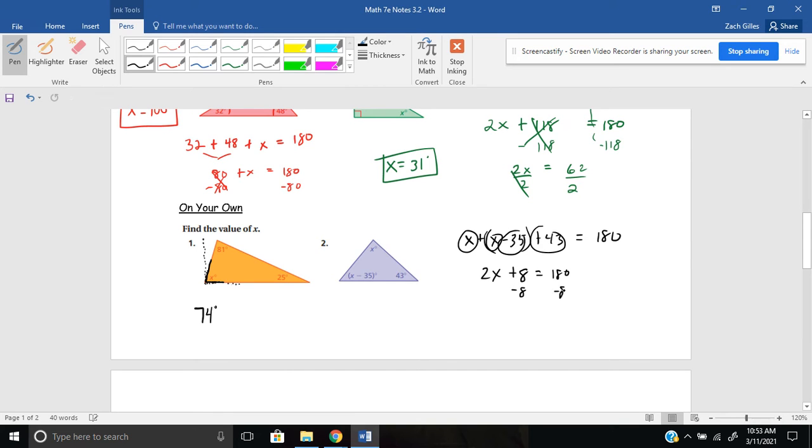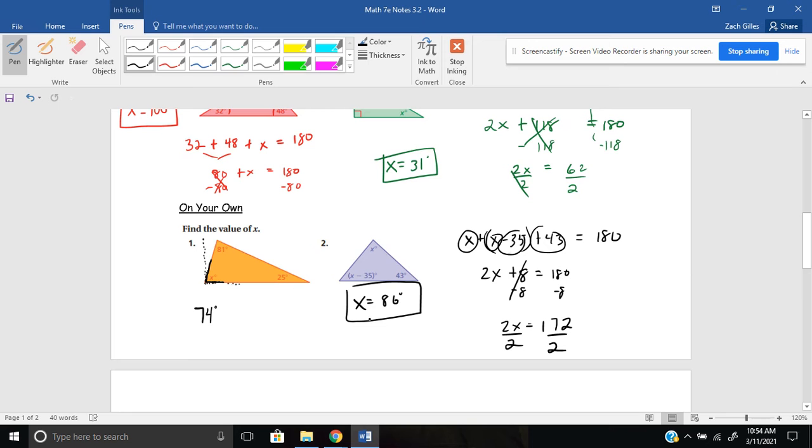I'd subtract 8 on each side. So I'd be left with 2x is equal to 172. And then in my last step, I will divide by 2 on both sides. So 172 divided by 2 should give you 86 degrees.